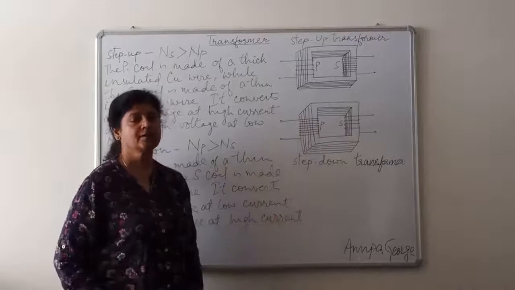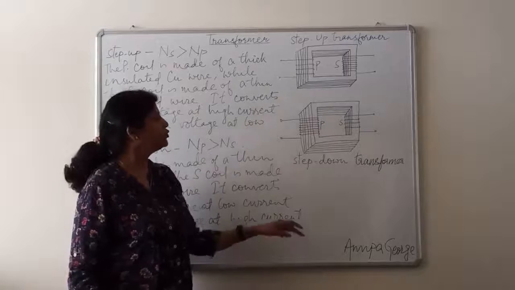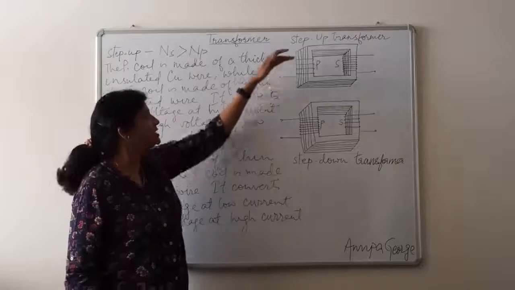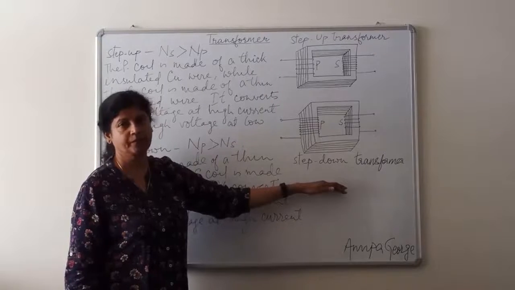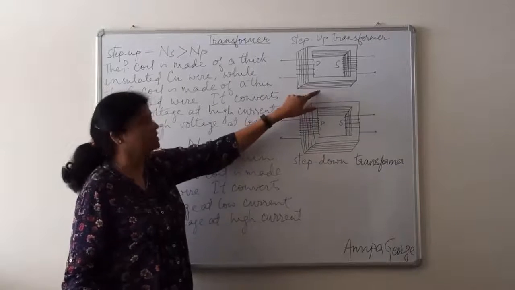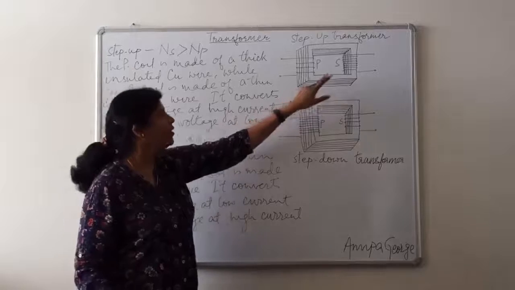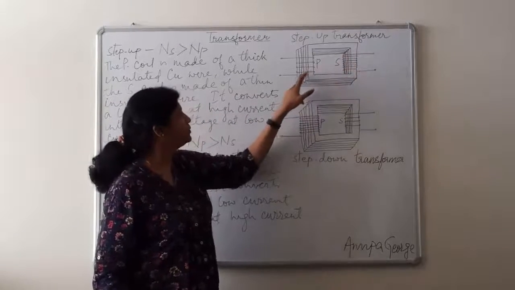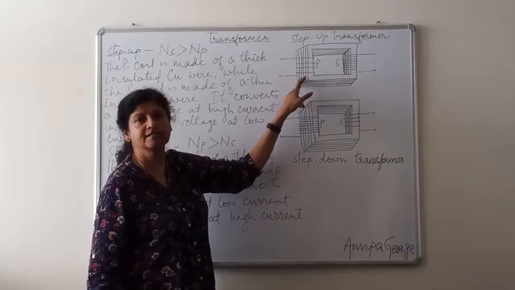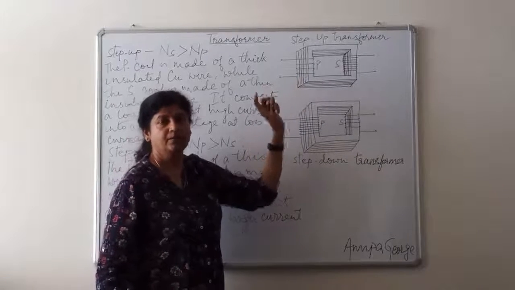Now, students, we know very well there are two types of transformers, step-up transformer and step-down transformer. In step-up transformer, number of turns of secondary coil is more than number of turns in primary coil.